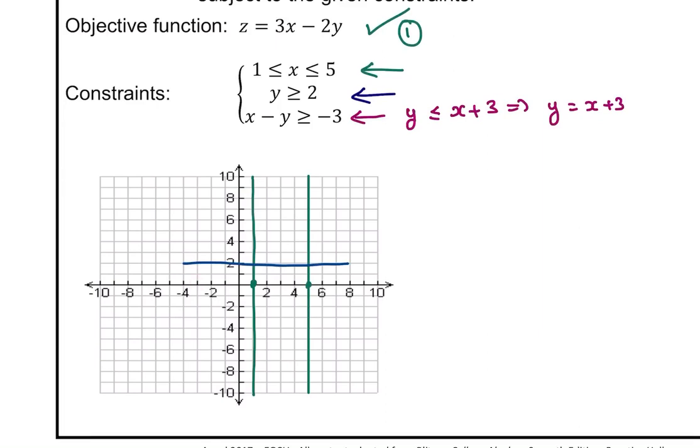Let me go with a different color. Let's go with the red, so that one. When x is 0, y is 3, so it's going to be right here. And when y is 0, x is minus 3. So we have this particular line right there.